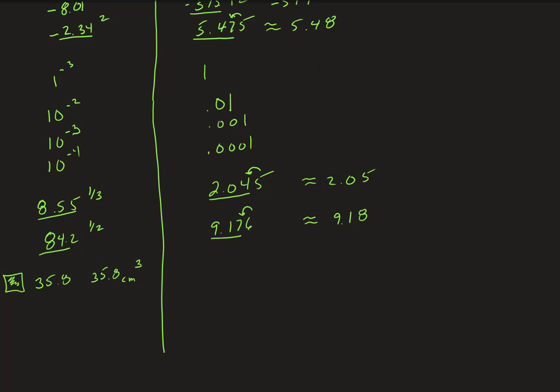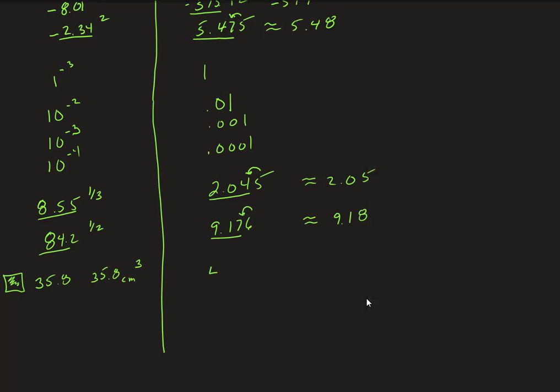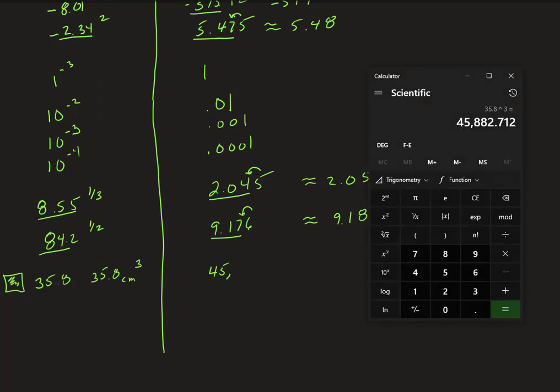So let's try that. 35.8 centimeters to the third is going to be 45,882.712.